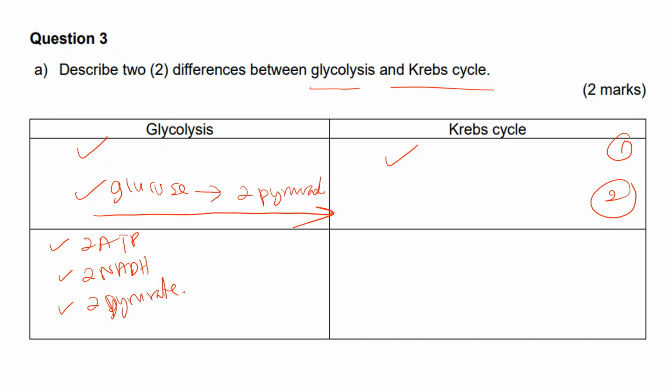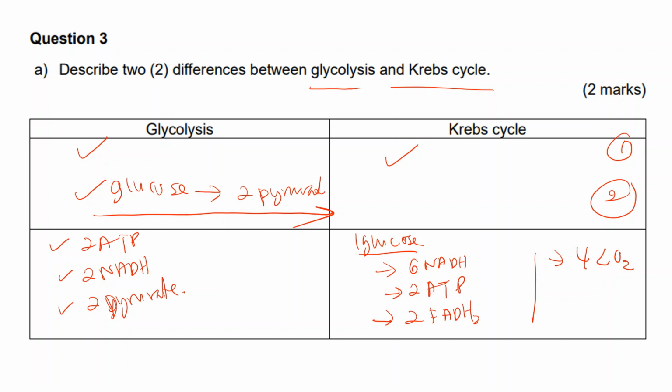But as for Krebs cycle, for 1 glucose, the Krebs cycle produces 6 NADH, and then 2 ATP molecules and also 2 FADH2 molecules. The process also produces 4 molecules of carbon dioxide. Okay, so these are the products of the two processes, glycolysis and also Krebs cycle, for 1 molecule of glucose.